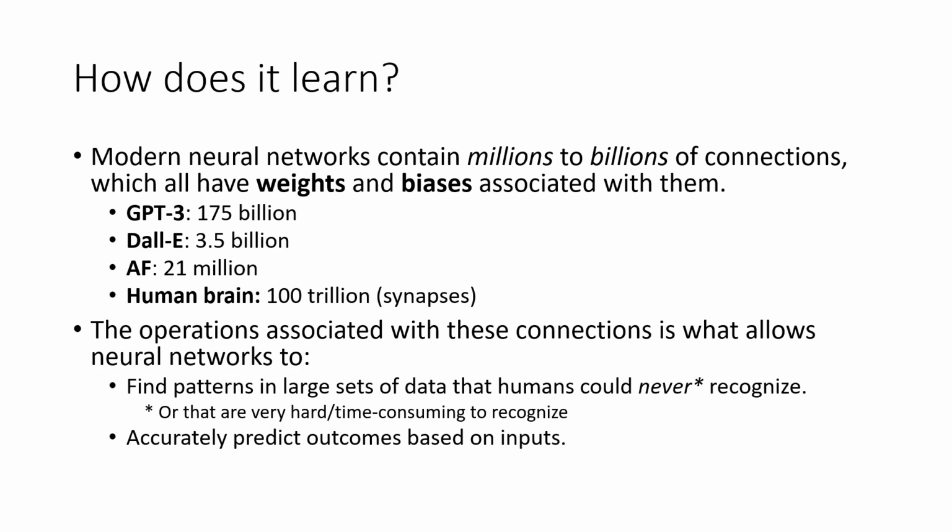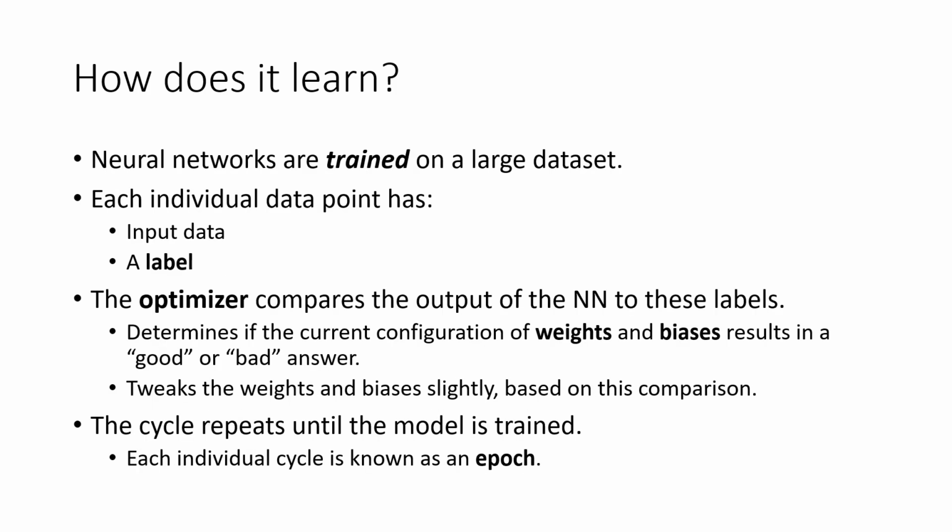And basically, it's the operations associated with these connections that allows neural networks to solve extremely complex problems, including finding patterns in data that humans would never be able to recognize, and accurately predicting outcomes based on inputs.